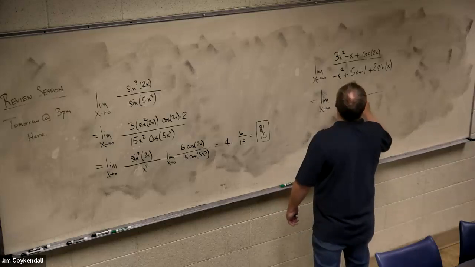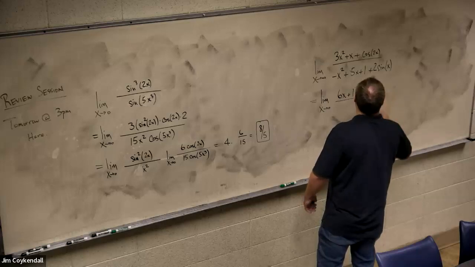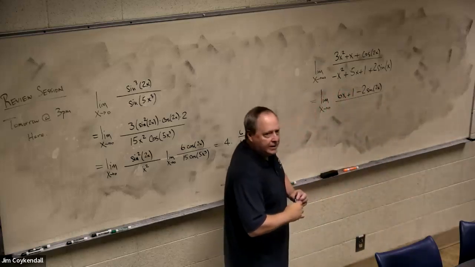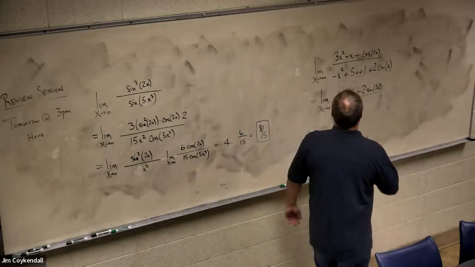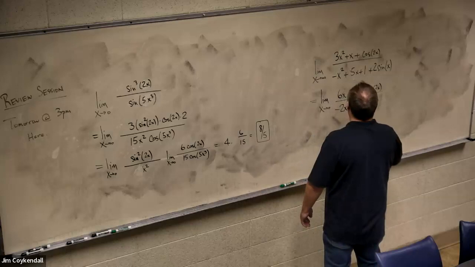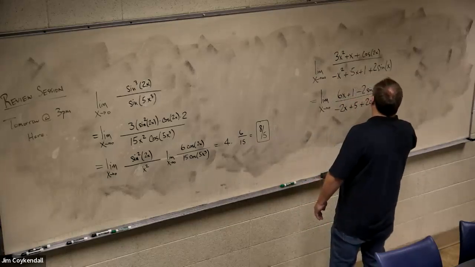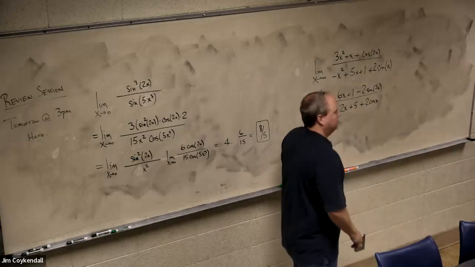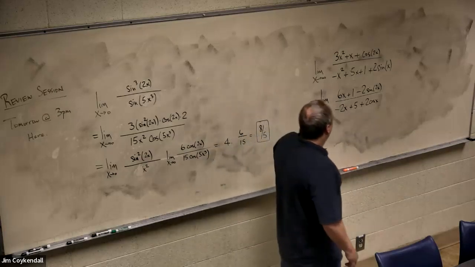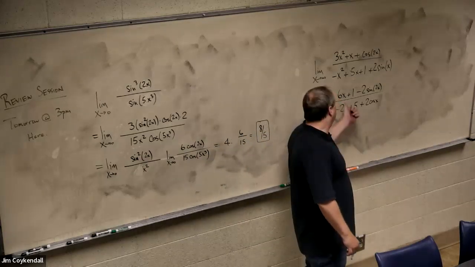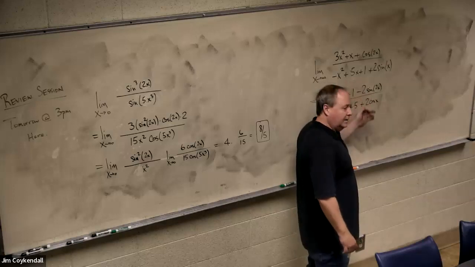It's 6x, 1 minus 2 sine 2x. Everybody agree with that? On the bottom, I get minus 2x plus 5 plus 2 cosines. Agree? Okay, this again is x going to infinity, 6x in here, these two small, so infinity on top.